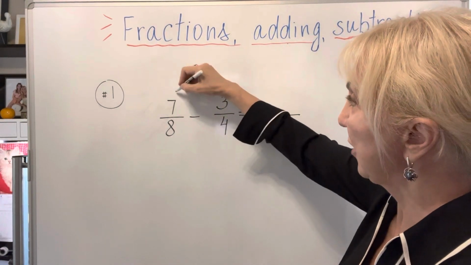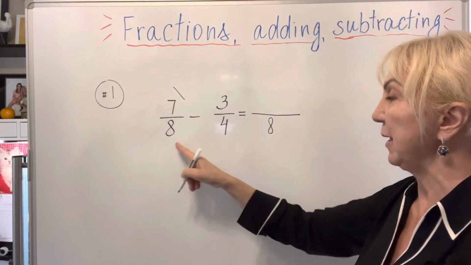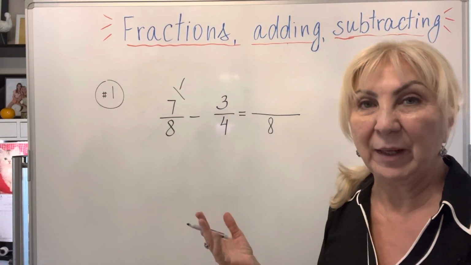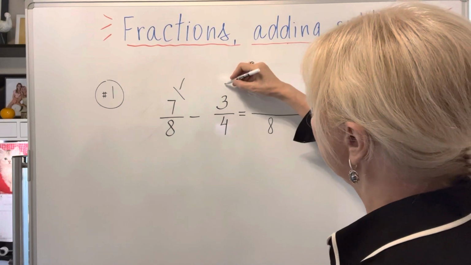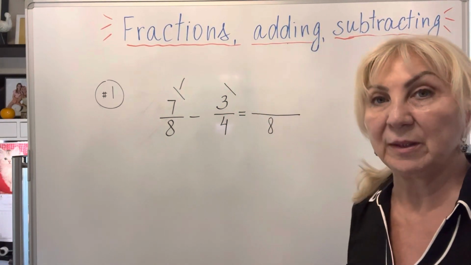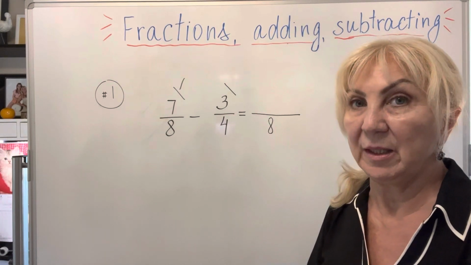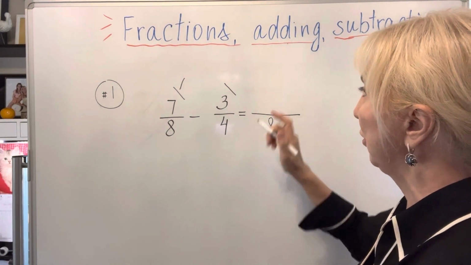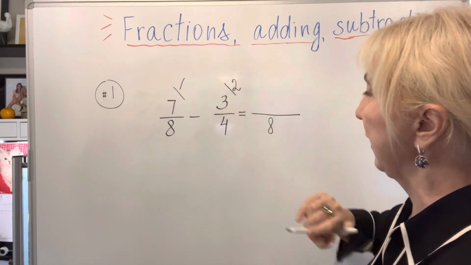So the first fraction, we already have a denominator of 8. We leave it like it is, which is multiplying by 1, just to get the same fraction. And the second fraction, we have to multiply numerator and denominator by 2. So the denominator we already have, numerator multiplying by 2.